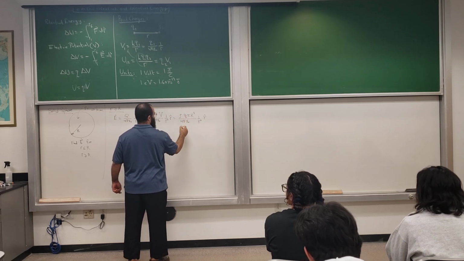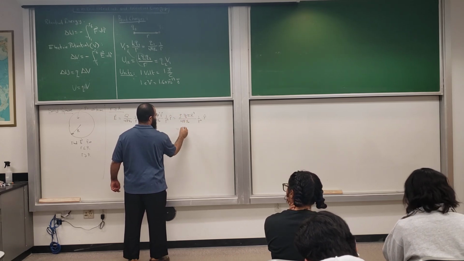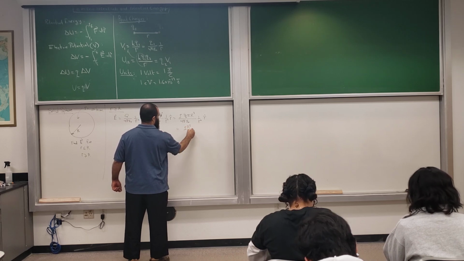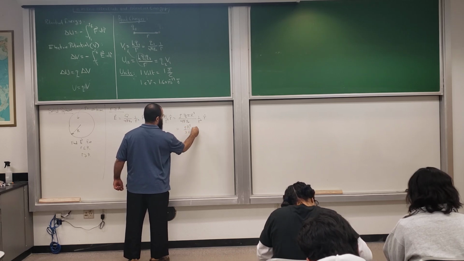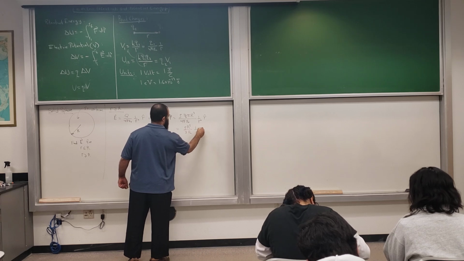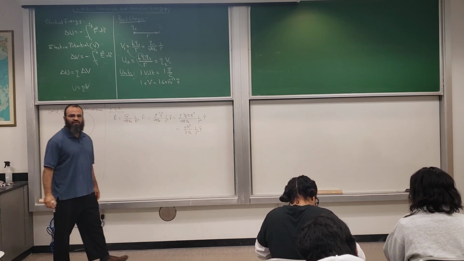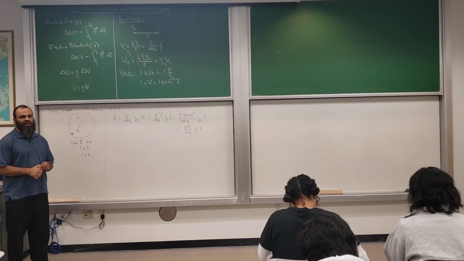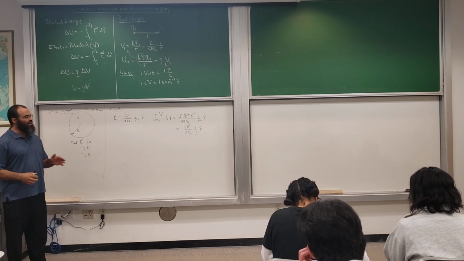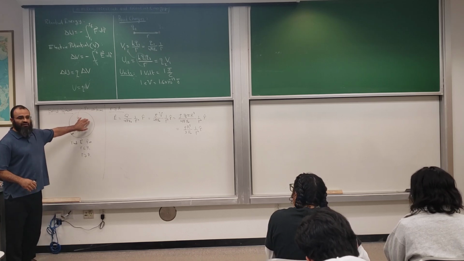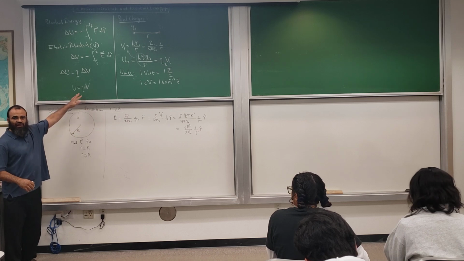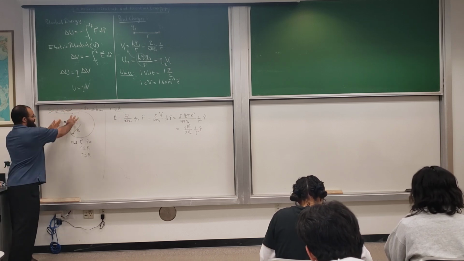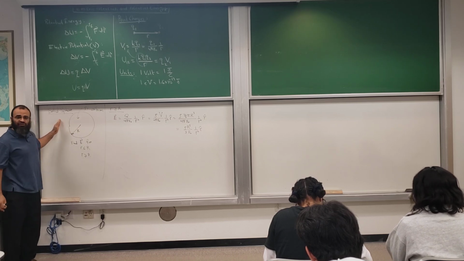Cancel the 4 pi, and you end up with rho R cubed over 3 epsilon naught times 1 over r squared r hat. Yes? That's the electric field. So basically just kq over r squared, and then q is the charge enclosed in here. Okay? When you're outside, the charge is just within the sphere, nothing beyond. There is no charge beyond.